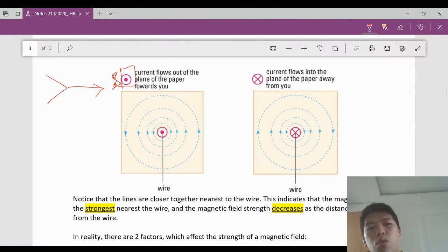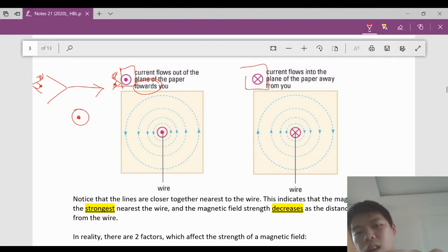So if we use a dot in a circle, it means that the current is coming towards you. But if we look from the back, we realize that there's a cross section. It shows like the arrow is moving away, so the current is moving away in this case. So just take note, we use a cross to denote a current moving away and a dot to show that the current is coming towards you.